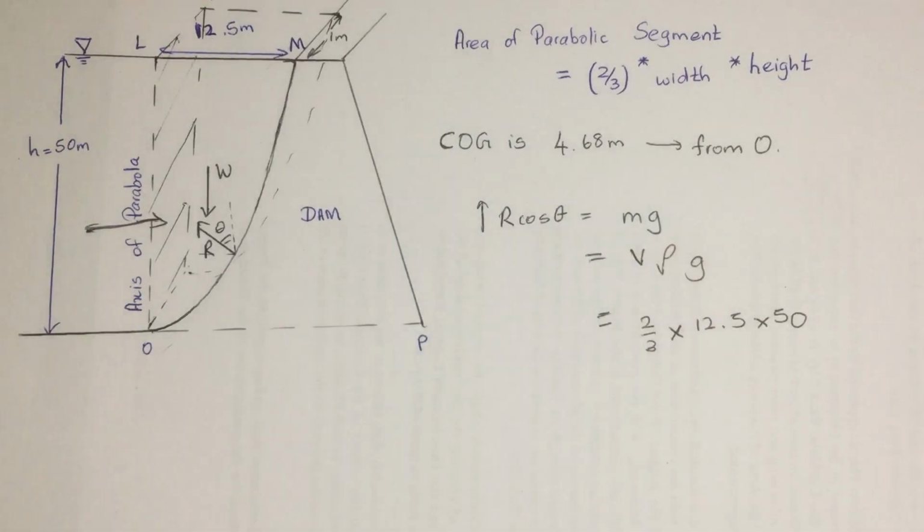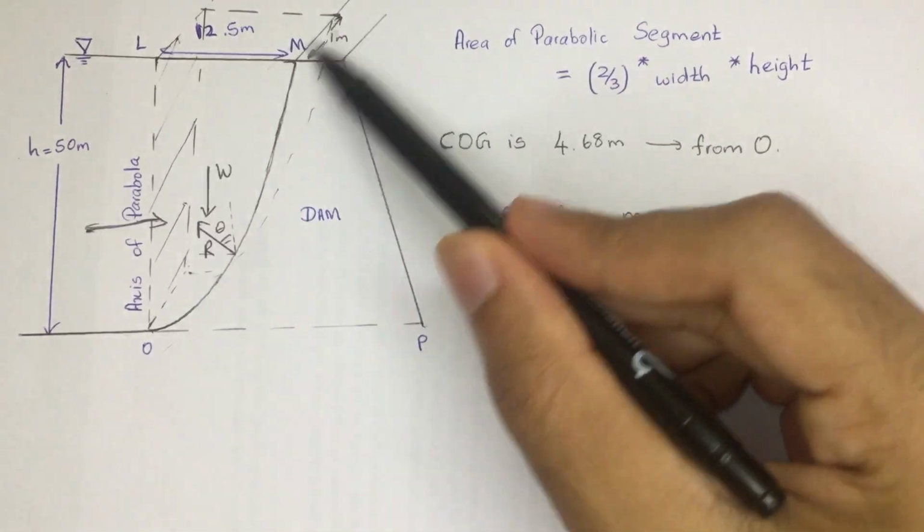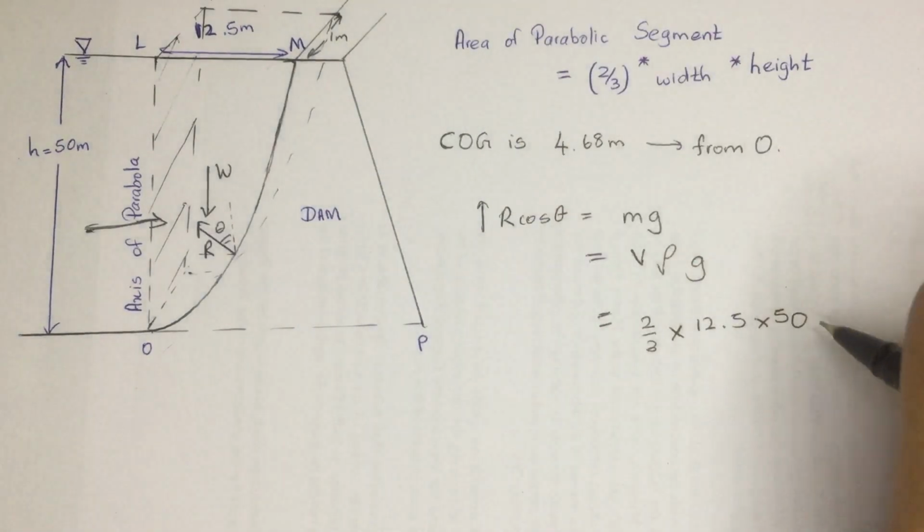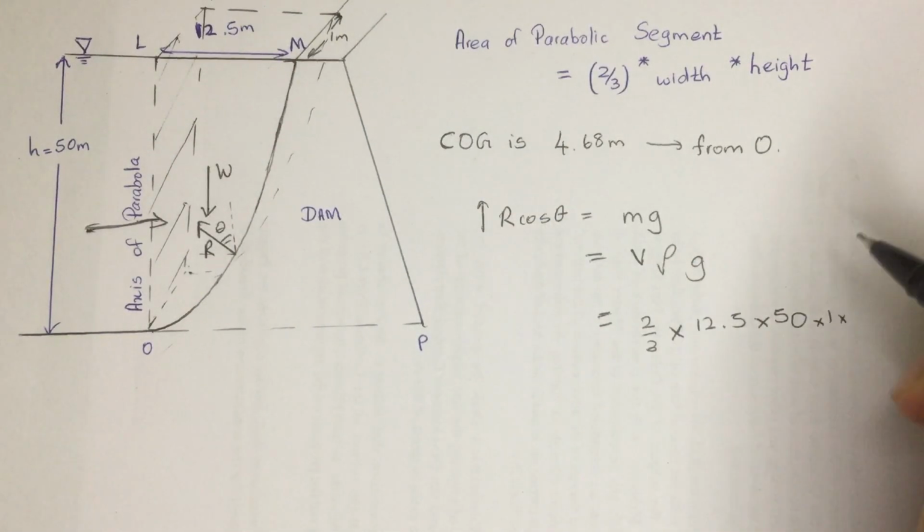So we are going to multiply by 1 to get the volume, but it's not a big deal, it's going to be the same. And the density rho would be 10 to the power 3, because we only have water, and multiply by 9.81.